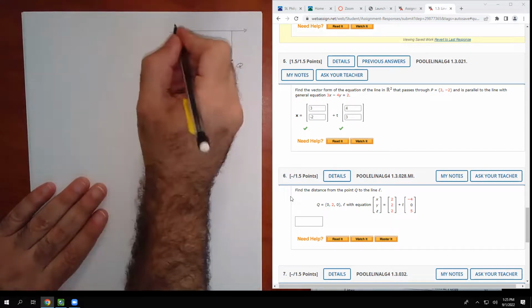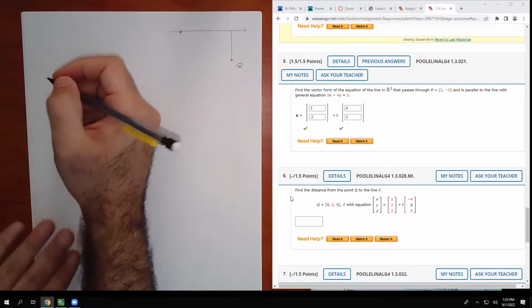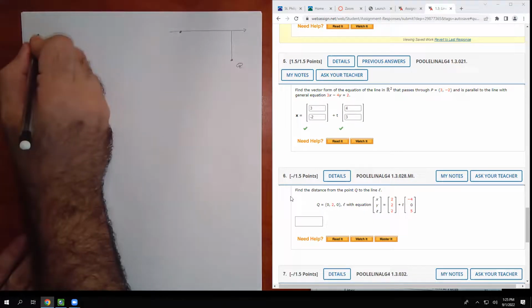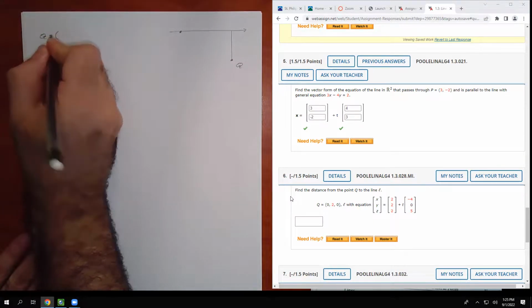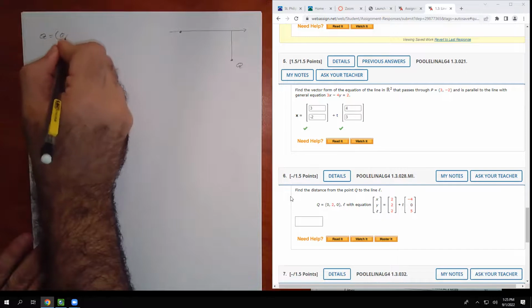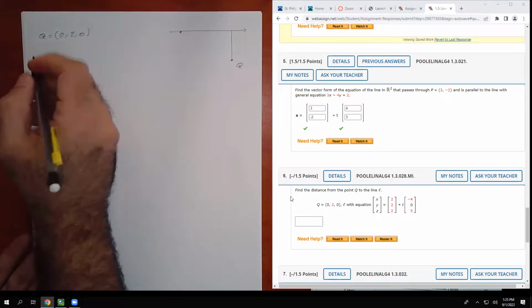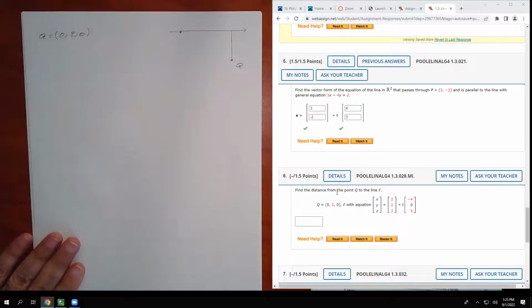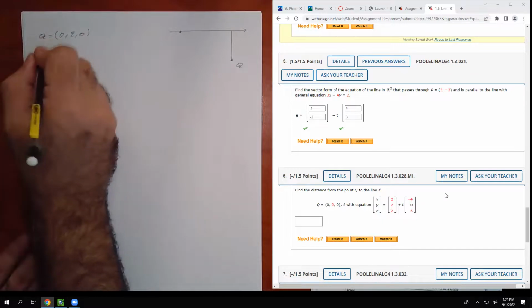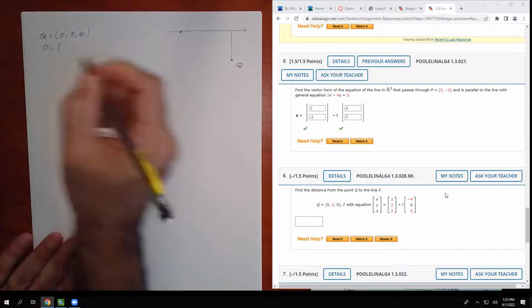So we're going to assume that from the graph we have Q is 0, 2, and 0. And let's check the equations here. X, Y, Z, this is the P and this is the D. So they already give us P, which is the point on the line.